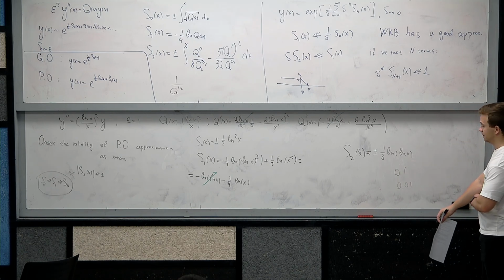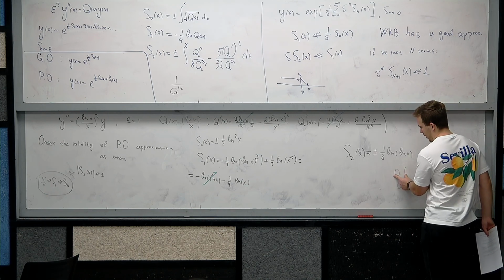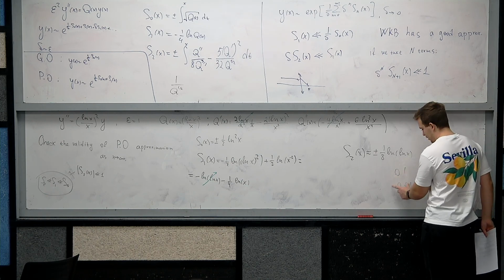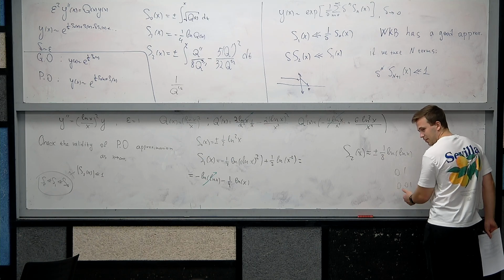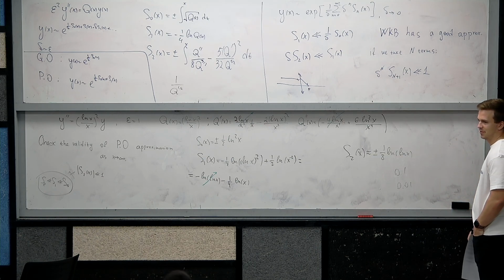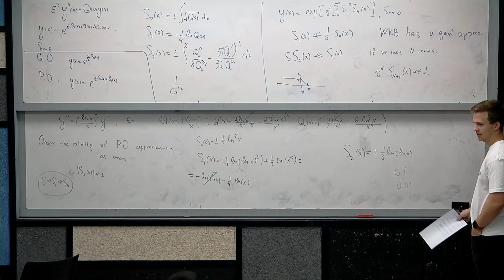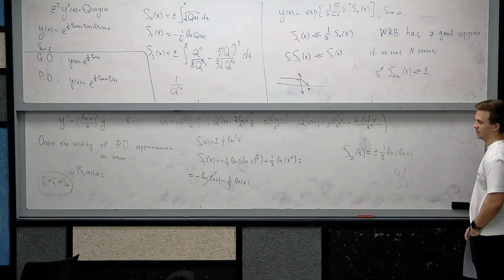So basically, if you have this, it means that your accuracy is 90%. This is 99%. So that's why even when epsilon is 1, you can still use WKB, and in some regions of x it yields a good approximation.